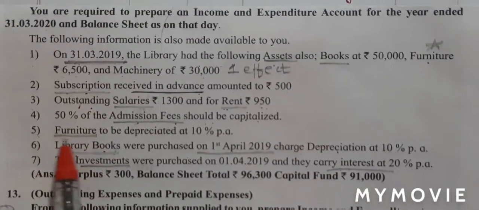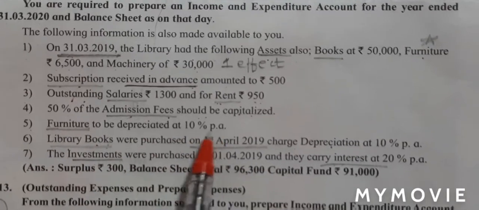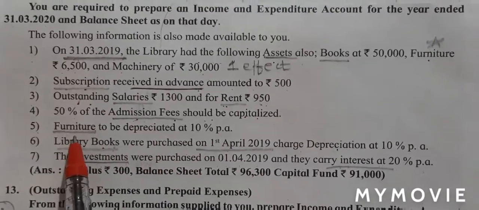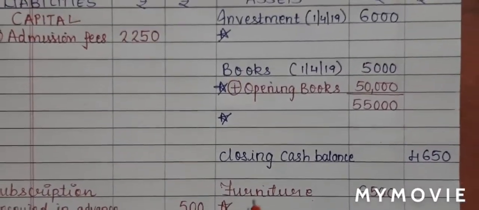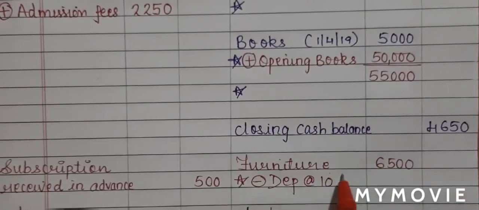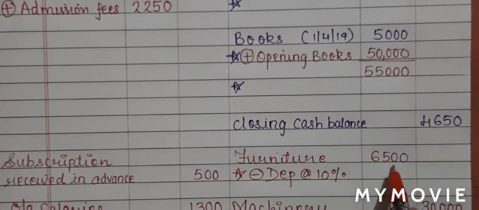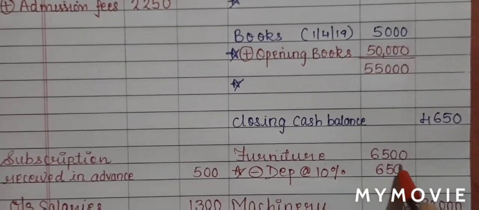Adjustment number 5, furniture to be depreciated at 10% per annum. Let's do depreciation on furniture. On the asset side, I have furniture. I'll say less dep at the rate of 10%. 6,500, 10% will be 650.